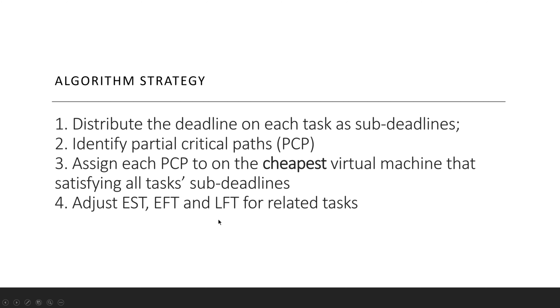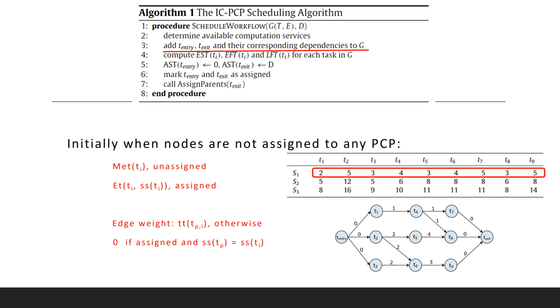Then we will adjust the EST, which stands for the earliest start time, and EFT, which stands for the earliest finish time, and LFT, which stands for the latest finish time, for the related tasks.